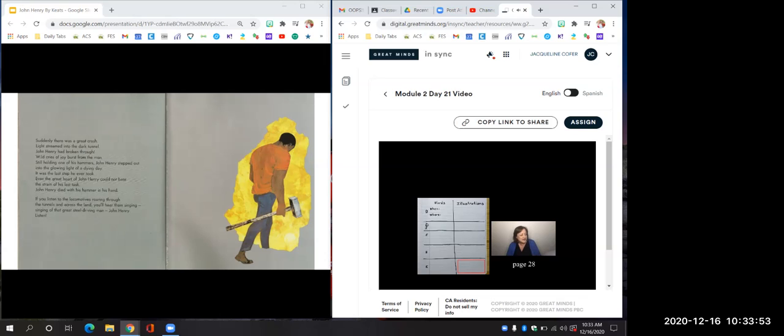Even the great heart of John Henry could not bear the strain of his last task. John Henry died with a hammer in his hand. If you listen to the locomotives roaring through the tunnels and across the land, you'll hear them singing of that great steel-driving man, John Henry. Listen.